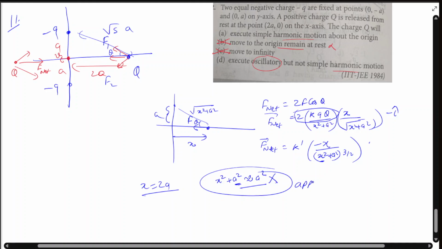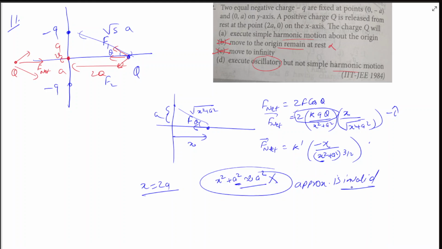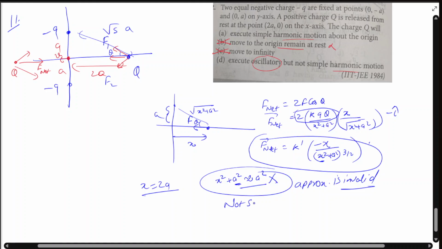This approximation is actually invalid, right? So this is our force, and it is not directly proportional to x. So it is not SHM. It is only oscillatory motion. So the option will be D. It is only oscillatory motion, not SHM. Okay, right?